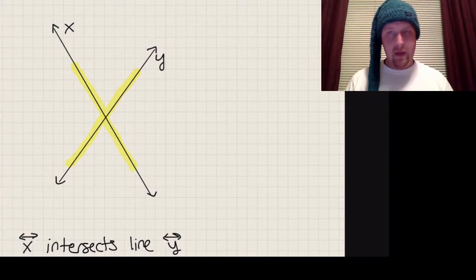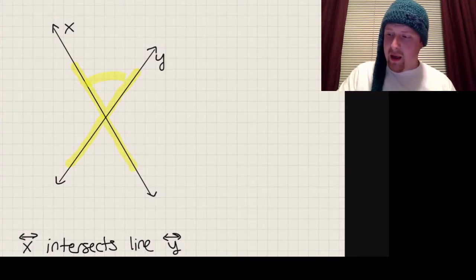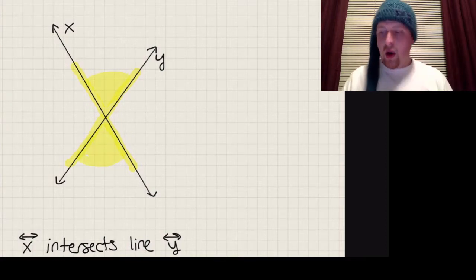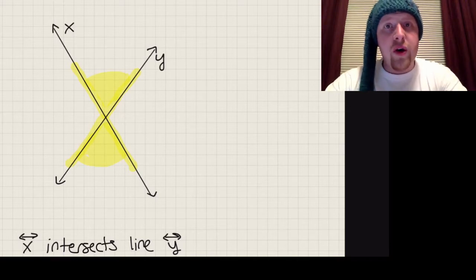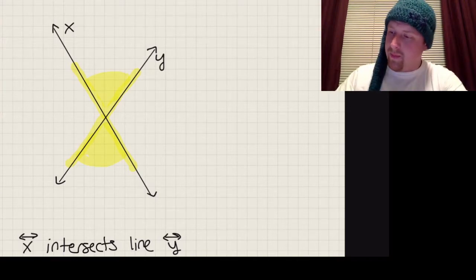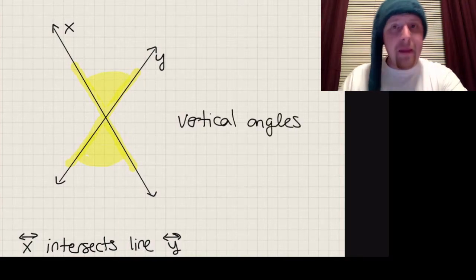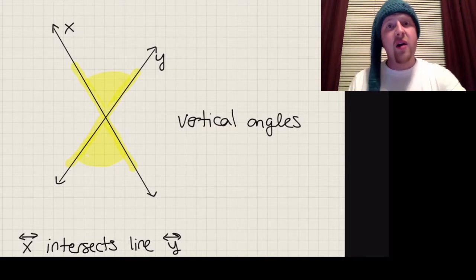V. This angle here and this angle here are what we call vertical angles. And what that means is that they are exactly the same as far as their measurement goes.